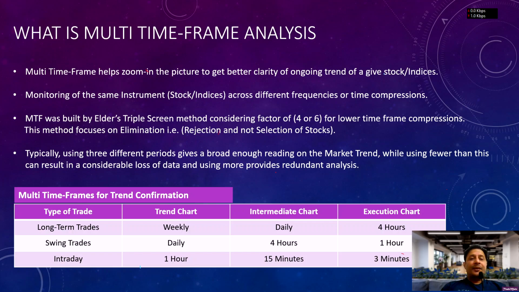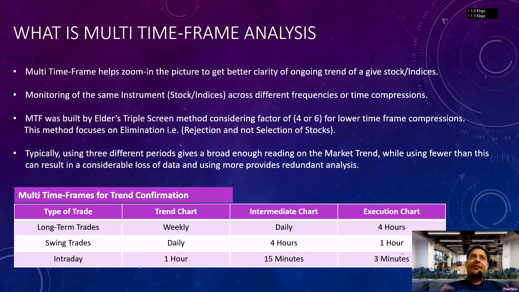Treat it that way. Now, you would have different types of traders. Some traders trade on a long-term basis, some just hold for a couple of weeks, and we also have our specialized group of intraday traders. How does each one of them do this multi-time frame analysis?